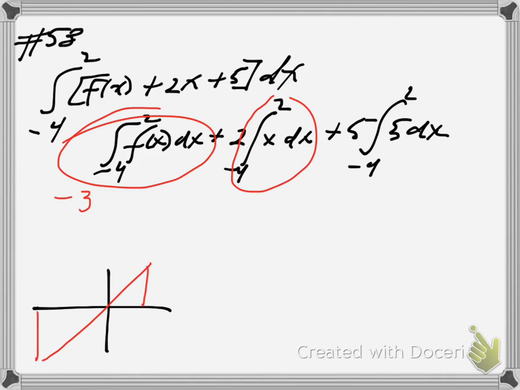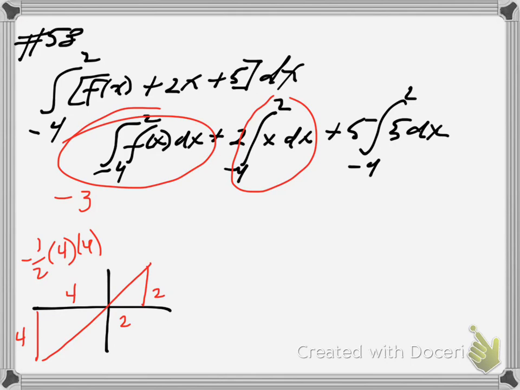Well, the area between the curve and the x-axis of that first triangle, the one side is 4, the other side is 4, and it's a triangle, so it's going to be 1/2 base times height. So -1/2 times 4 times 4, and the reason it's negative is because it's below the x-axis.